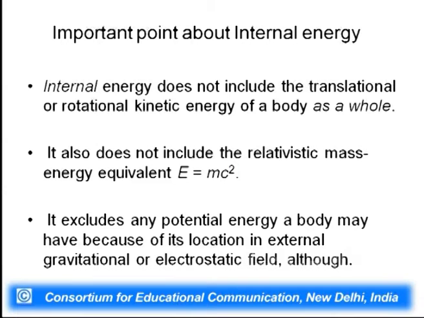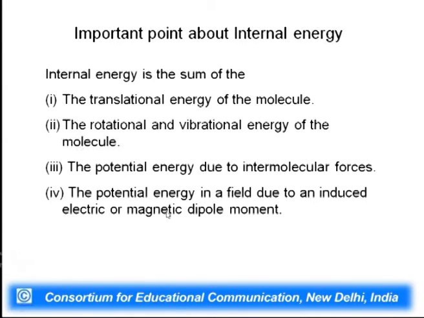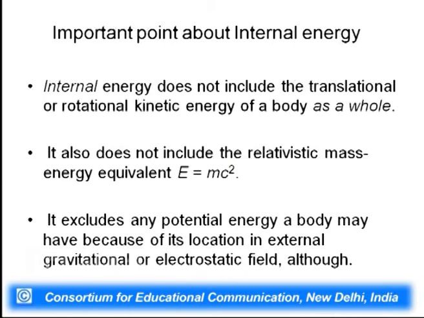You must remember that in the last slide I told that potential energy in a field due to an induced electric or magnetic dipole moment is included in internal energy, but potential energy due to a gravitational or electrostatic field is not included in the internal energy.